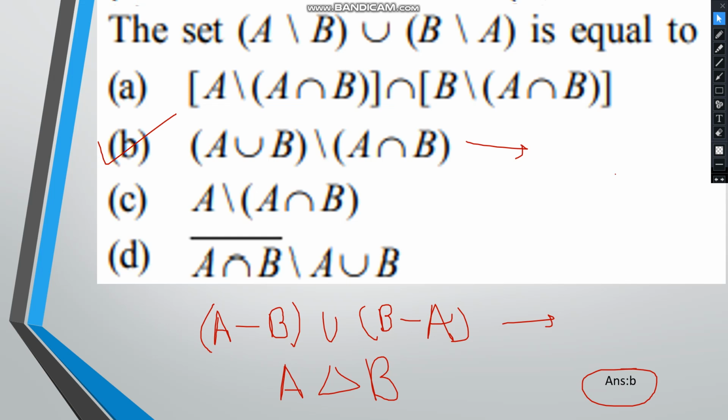But in the exam we cannot just check each option. It's better to know the formula that this is the symmetric difference and this is also the symmetric difference, so we have got B. If we do the Venn diagram, you have to check all 4 options, which is a rigorous task. So it's better to remember the formula and do the question very fast.